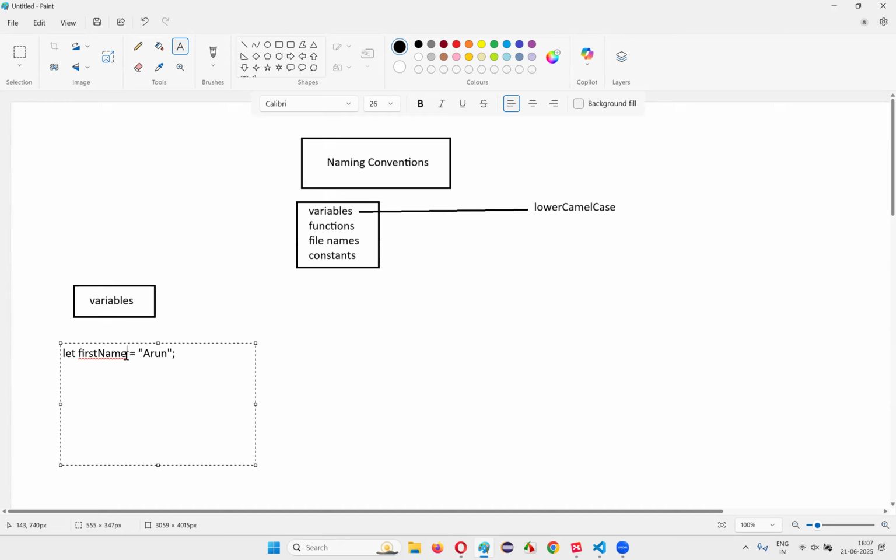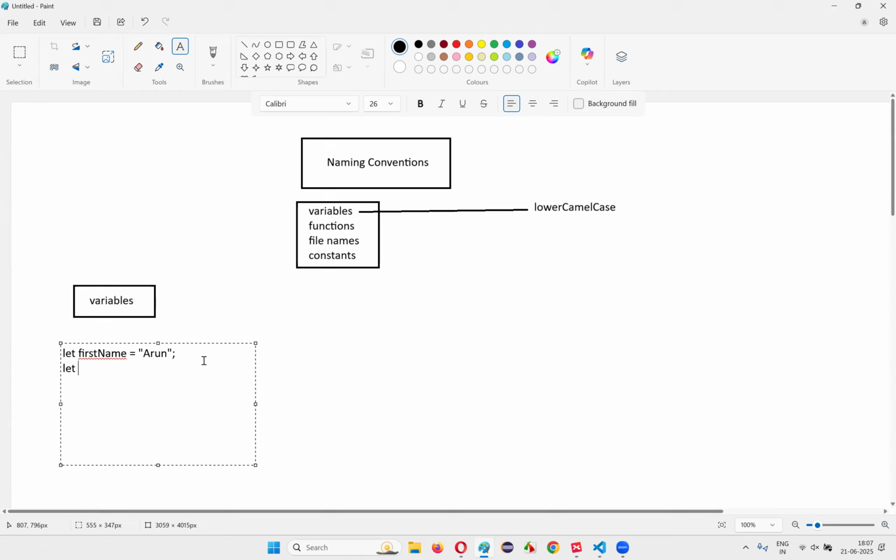If you observe the naming convention I am following, there are two words in this variable name: first is one word and name is another word. If you observe the first word, all its letters are in lowercase, but the first letter of the second word is in uppercase. This is called lower camel case.